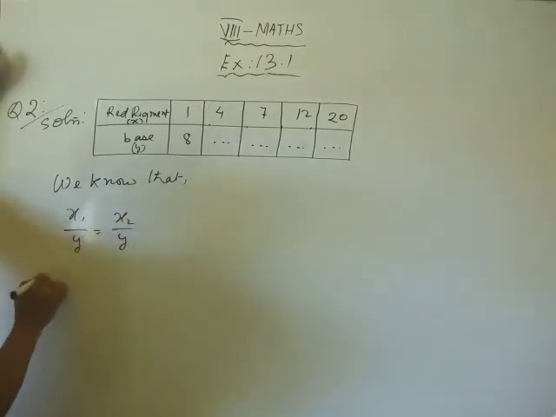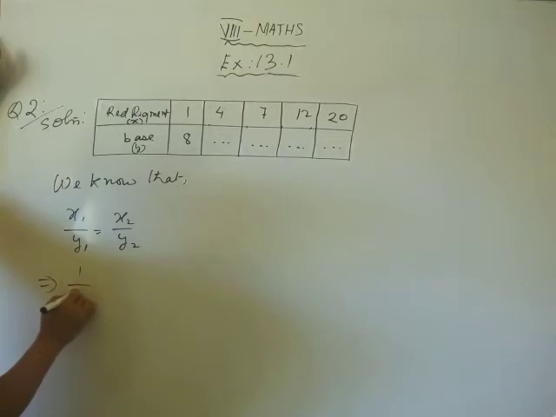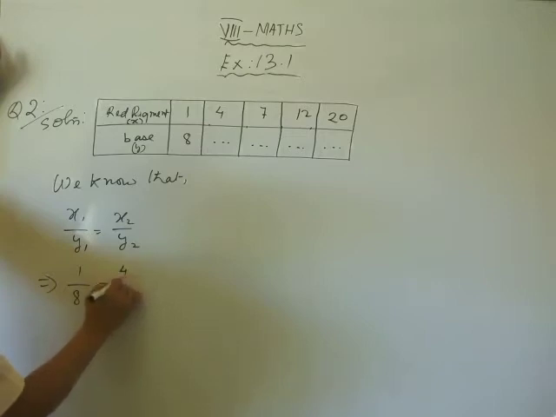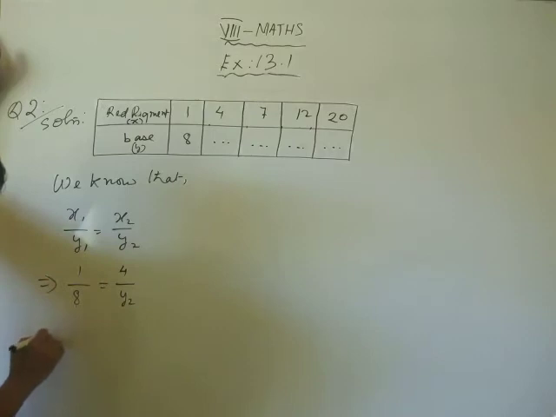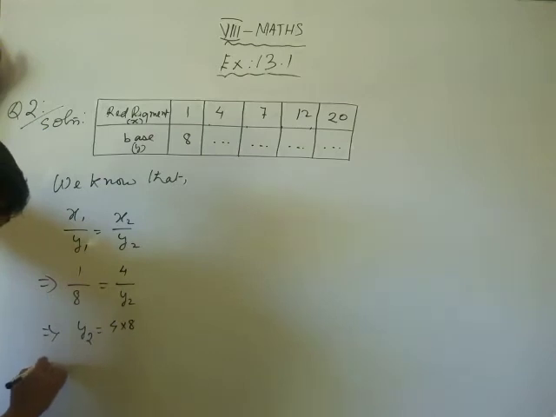So x1 is 1 and y1 is 8 here, isn't it? Equal to x2. How much is x2? x2 is 4 here. Then y2 is what we are going to find out. So y2 will be equal to 4 into 8, isn't it? Yes. That implies that y2 is equal to 32.